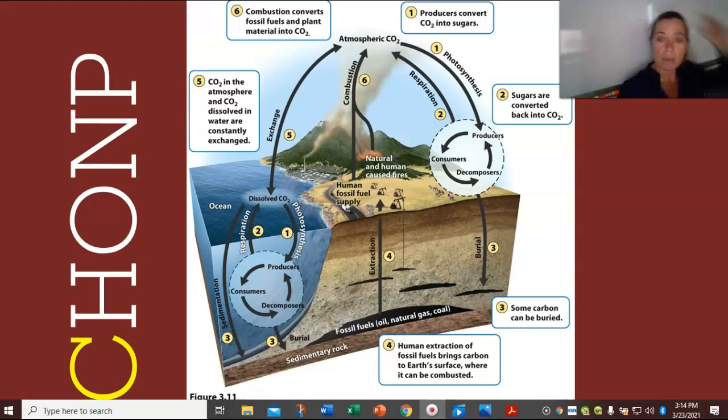Now, one of the reasons why we're so concerned about carbon is not just that it is a necessary component for building macromolecules, but also because it's a greenhouse gas. And what that means is it's a clear gas that allows light to come into our planet, but because it's a little bit thicker, bigger molecule than, say, oxygen is, when we burn fuel and turn it into carbon dioxide, we make the atmosphere a little bit thicker, and just like putting on a thicker blanket, it traps a little bit more heat.